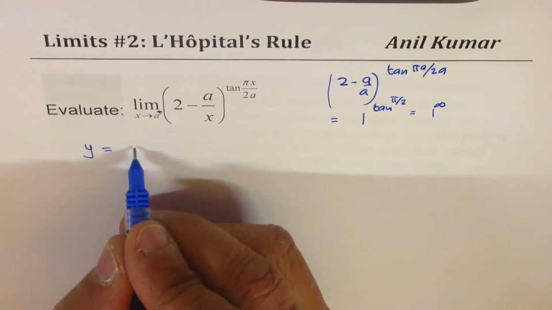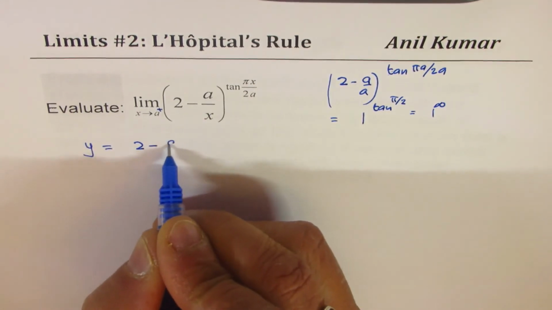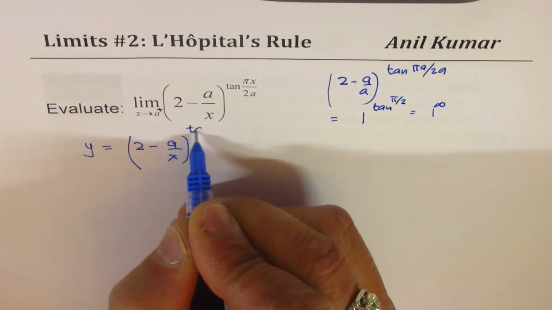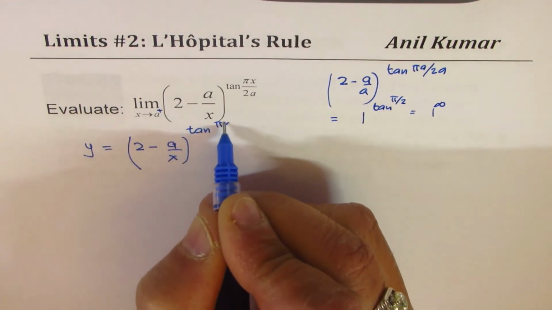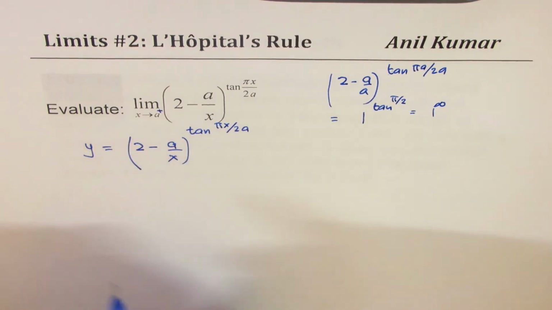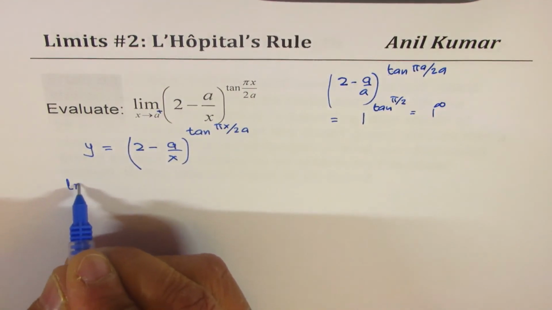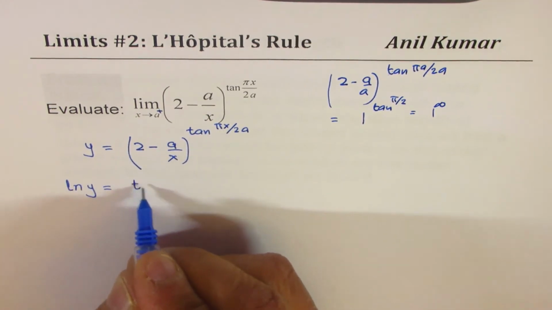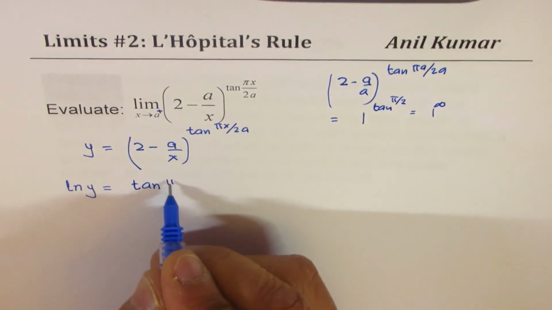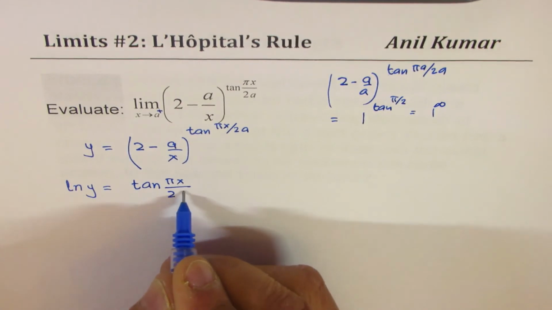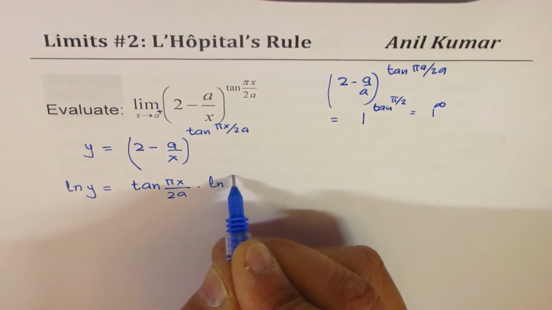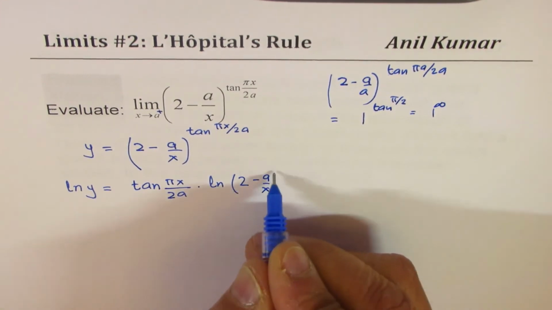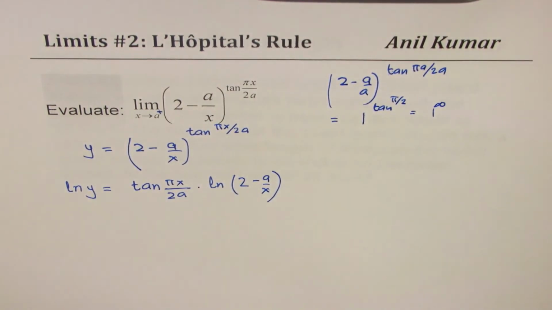So we say y equals (2 minus a over x) to the power of tan(pi x over 2a), right? Taking natural log both sides, we have ln y equals tan(pi x over 2a) times ln(2 minus a over x). So I've cut down one step here. We could write like this, correct?